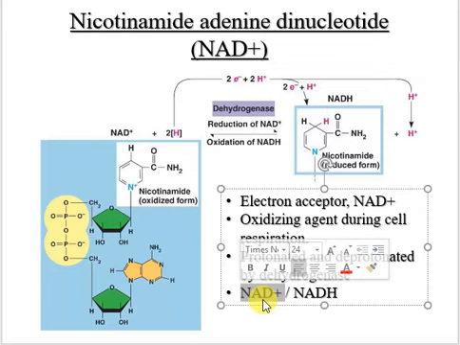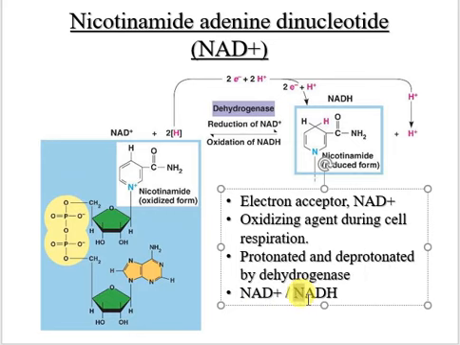NAD+ is the oxidized form. So it is the form of NADH that has lost a proton or has lost electrons. So when NADH loses electrons, it's converted into NAD+. When NAD+ gains protons or electrons, it's converted into NADH.